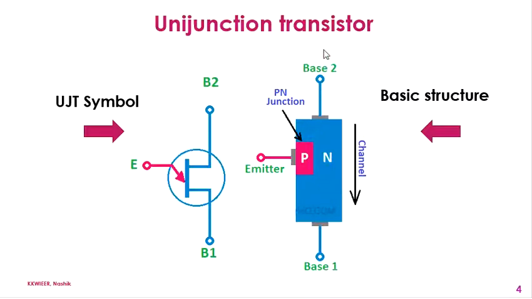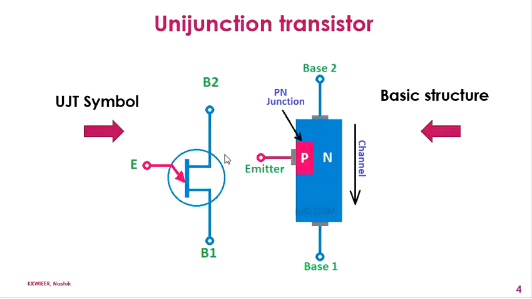The two terminals B1 and B2, that is base 1 and base 2. A small heavily doped P region is alloyed into one side of the bar closer to B2. This P region is a UJT emitter. It forms a PN junction which is highlighted in this figure.